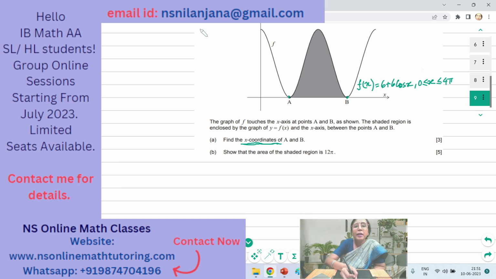So I can equate this to 0: 6 plus 6 cos x is equal to 0, or 6 cos x equal to negative 6, or cos x equal to negative 1.